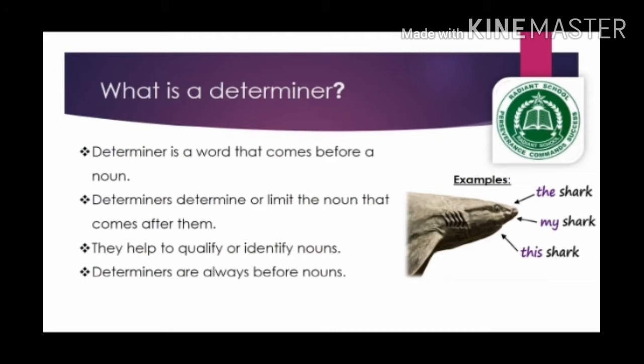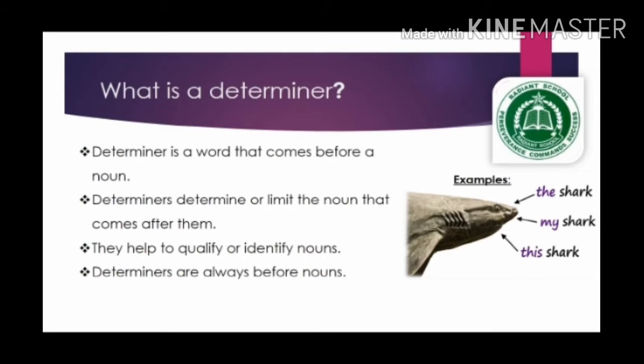My shark: in this example, the determiner my limits the noun, it belongs to me. In the third example, this, the determiner defines the noun. It tells us about the position of the noun: this shark, the shark nearby.